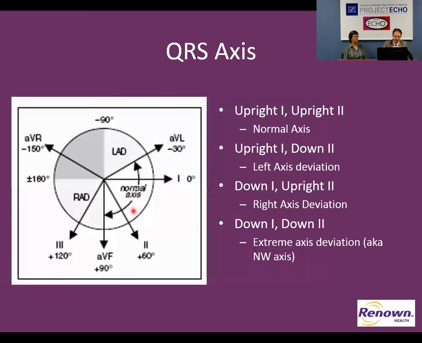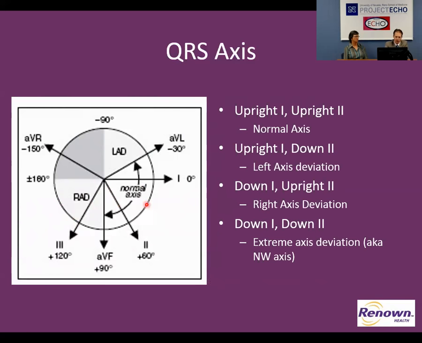So you make a perfect 360-degree circle bisected. And so normal QRS axis is anywhere between minus 30 degrees and positive 90 degrees. The best way, I think, to do that is to look at standard lead 1 and standard lead 2. In any lead, if the QRS is more positive than negative, that tells you that the electrical vector is somewhere on that side of the circle, somewhere within 180 degrees.